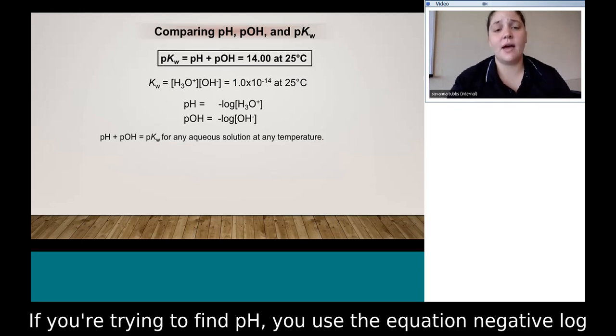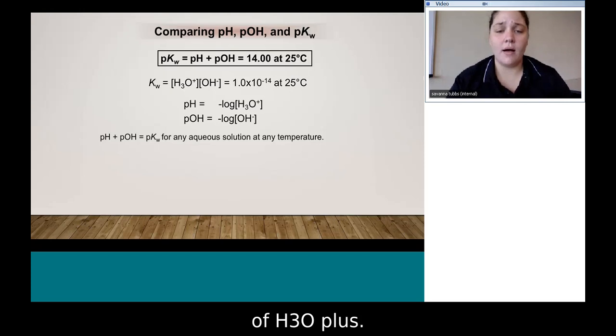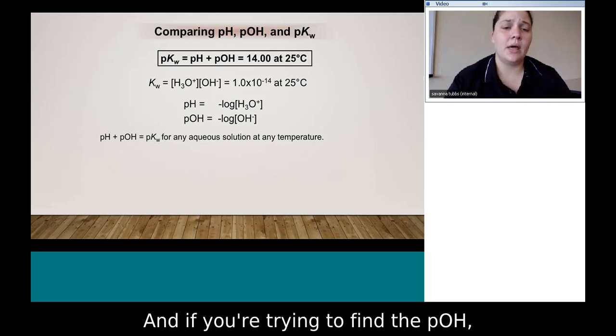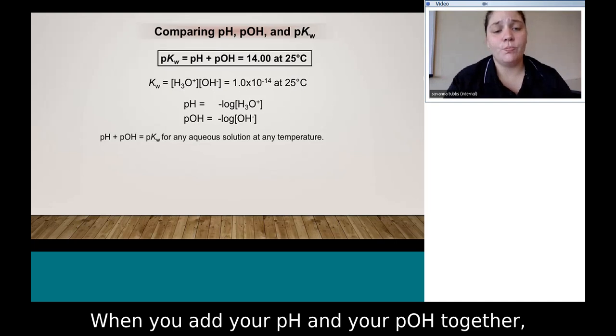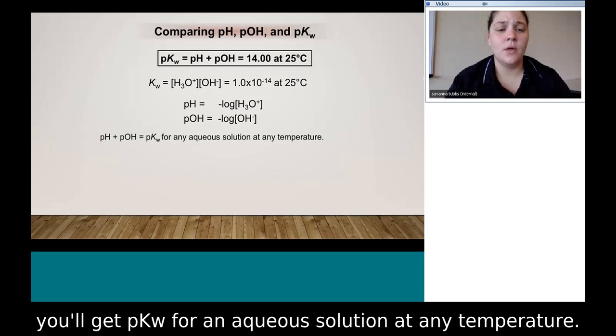If you're trying to find pH, you use the equation negative log of H3O plus. And if you're trying to find the pOH, you're going to do negative log of the concentration of OH minus. When you add your pH and your pOH together, you'll get pKw for an aqueous solution at any temperature.